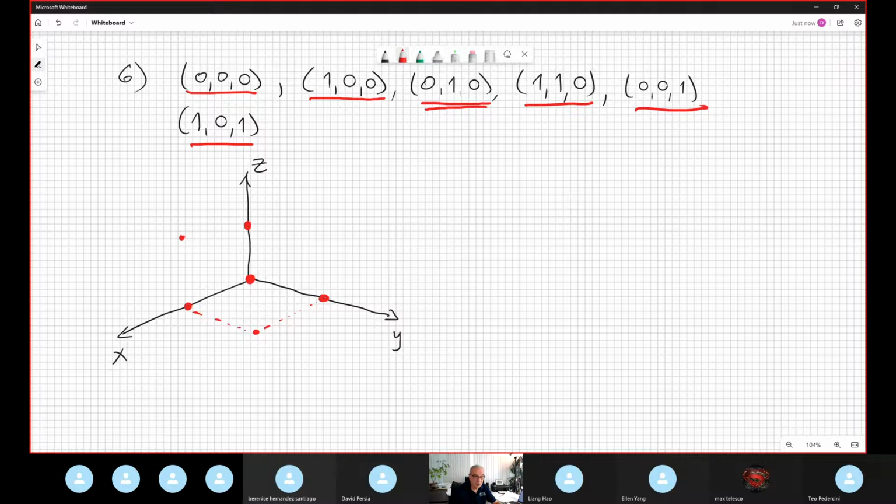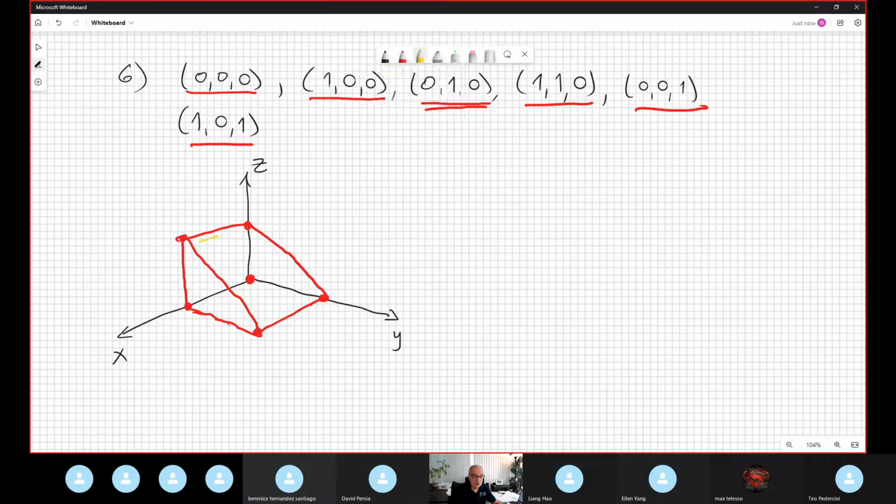Okay, we connect it with segment lines. And this is our solid.